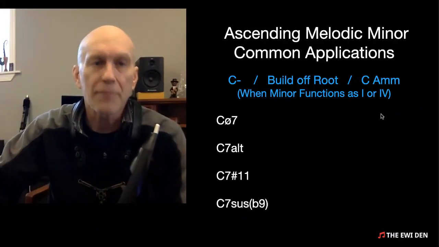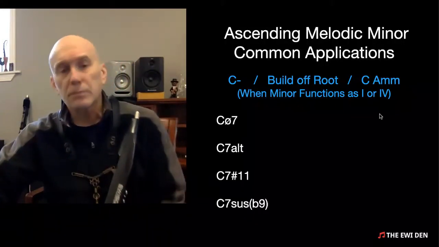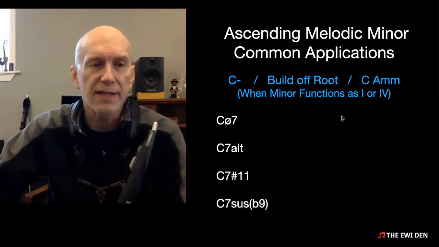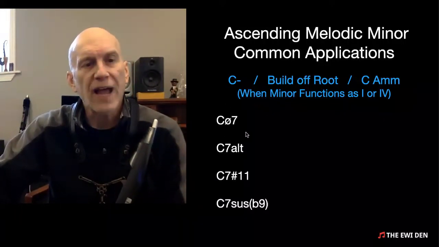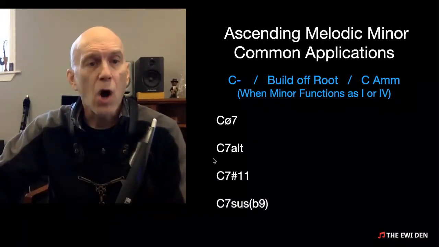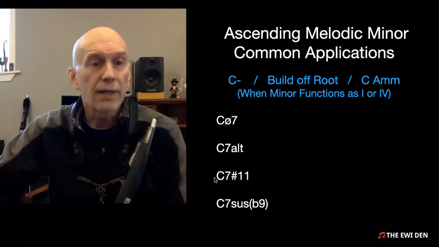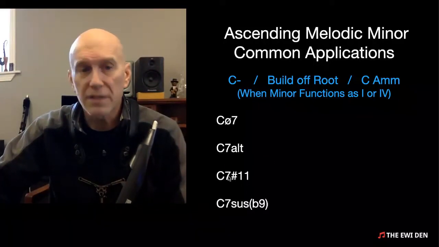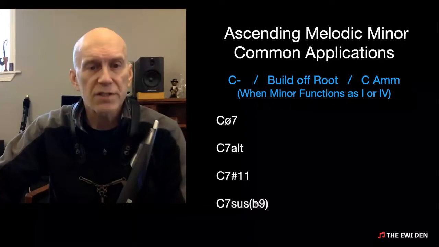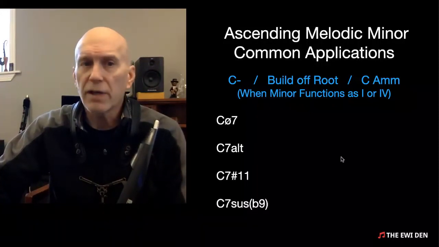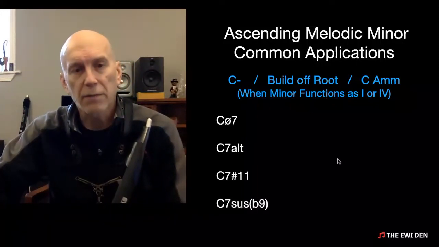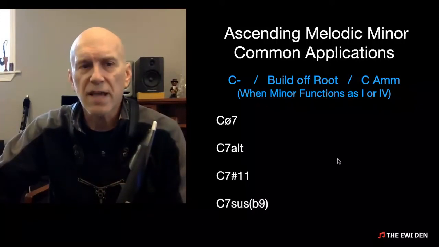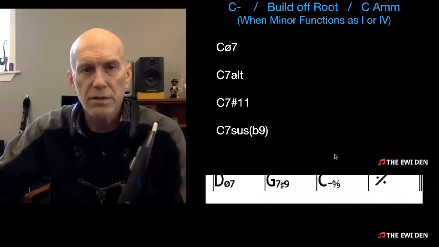We're going to talk about that. Some other places that we will talk about, but not today, are over half diminished, altered dominant, Lydian dominant or sharp 11 dominant, and Phrygian sus chords. Those are very common places to use ascending melodic minor. In fact, it's a really nice sound for every one of those situations.